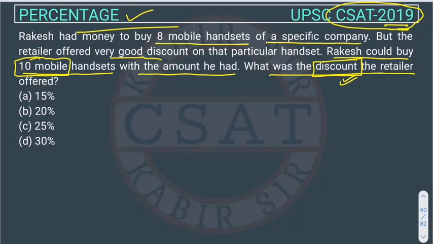So suppose the total money of Rakesh is how much? It is equal to the 8 mobiles he is buying, and suppose the mobile price is P, right?